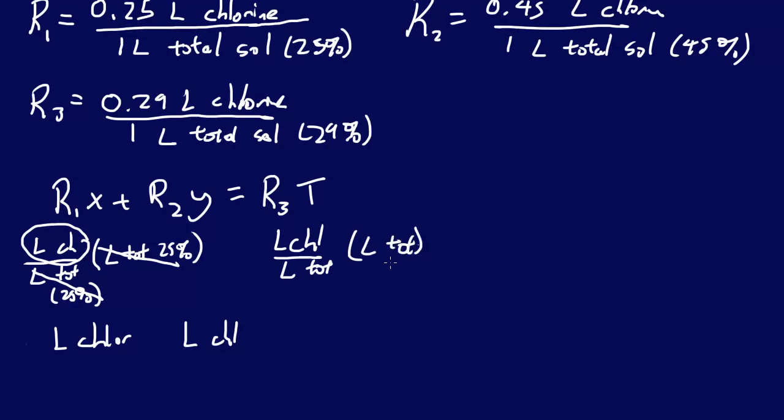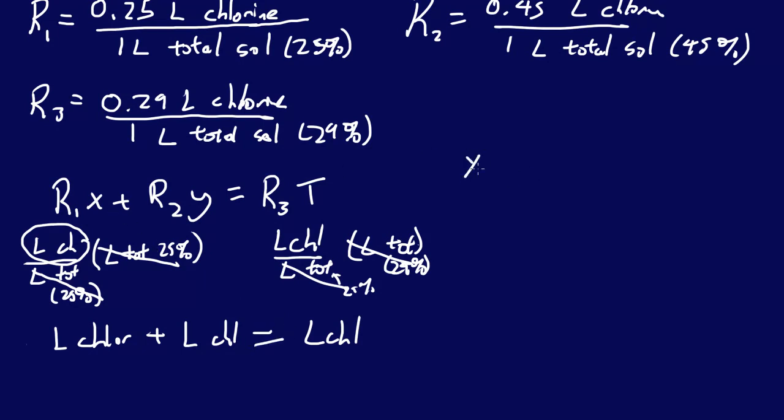And then in this case, it is 29%, and then this guy is also 29%. And then these all cross off, and you're just left with liters of pure chlorine. So the unit of measurement works out. You have liters of chlorine plus liters of chlorine, and that should equal liters of chlorine.